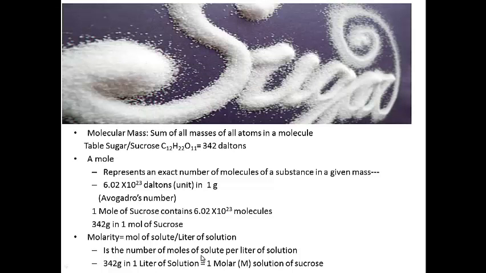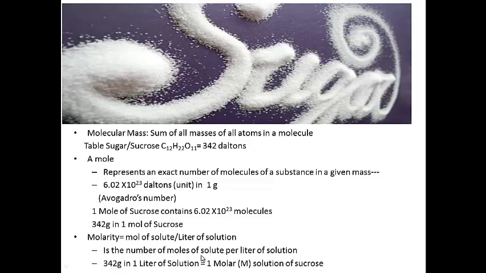What is sucrose? It really just is table sugar. And you have to know what the molecular mass of sucrose is in order to make that 1 molar solution of sucrose. Molecular mass is simply defined as the sum of all masses of all atoms in a molecule.